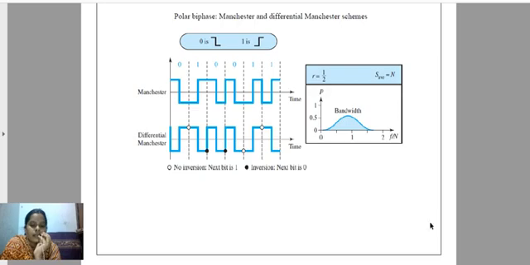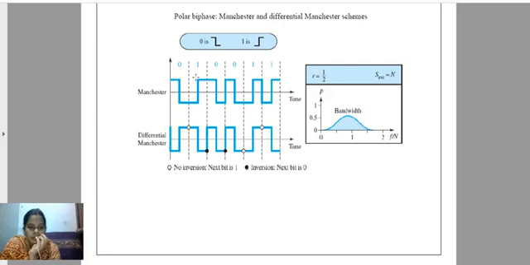Okay, again it may be difficult for you, so I'll repeat it again. Manchester is RZ plus NRZ L. RZ मतलब each time it will return to 0 position. Okay, and NRZ L मतलब L मतलब label.